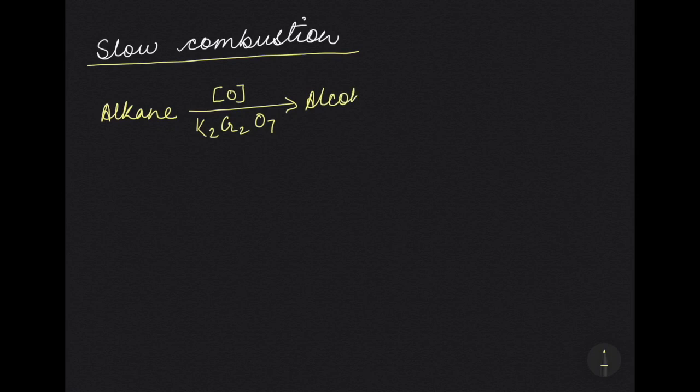First it will convert into alcohol, again by potassium dichromate it will turn into aldehyde.